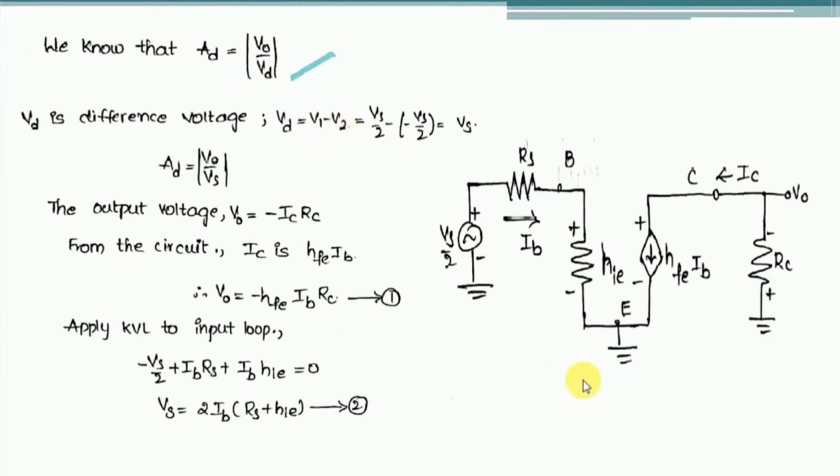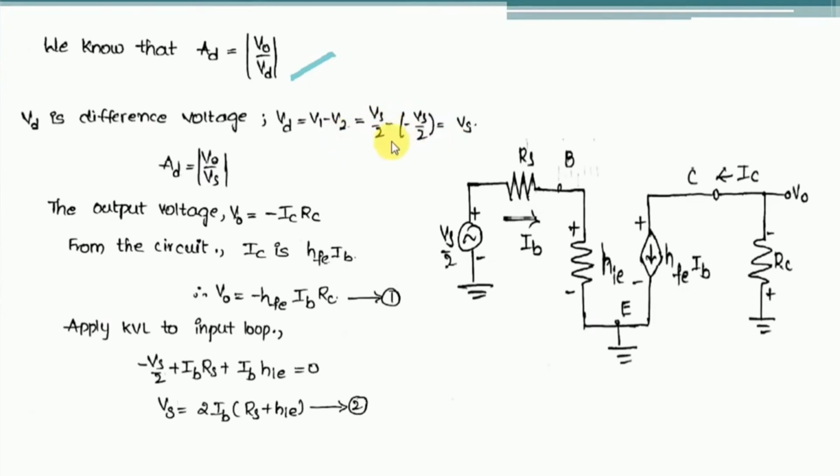So before considering this circuit, we make an assumption according to the theory, that in the differential mode gain, the two input signals have the same magnitude but they differ in phase. So V1 and V2 are the same in magnitude and they are different in phase. So one terminal voltage is Vs by 2 and the other terminal voltage is minus Vs by 2.